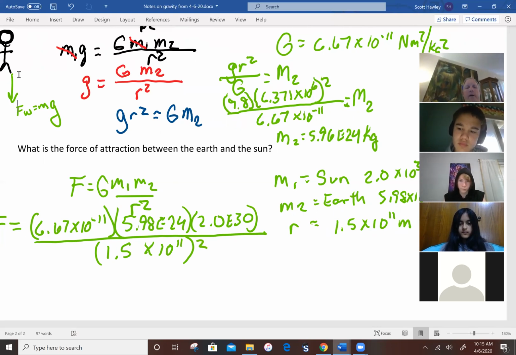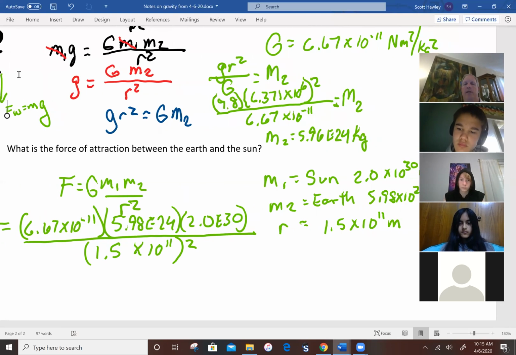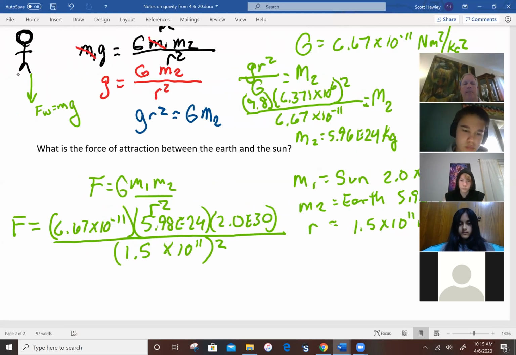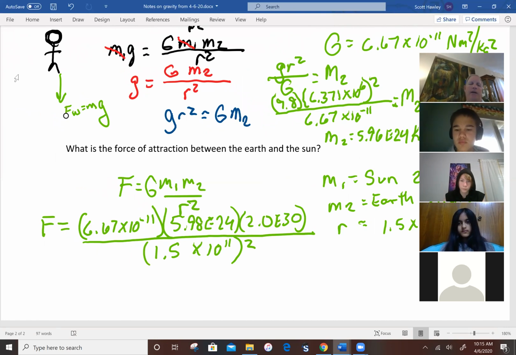See, so we can figure out all this stuff right here. Here's the data I was giving you right over there on the right side. When we just multiply these together, you guys, then we can figure out exactly how hard the sun is pulling on the Earth. Okay, now right after this, I'm going to explain your assignment. So 6.67 times 10 to the negative 11th times 5.98 times 10 to the 24th times 2 times 10 to the 30th divided by 1.5 times 10 to the 11th squared.